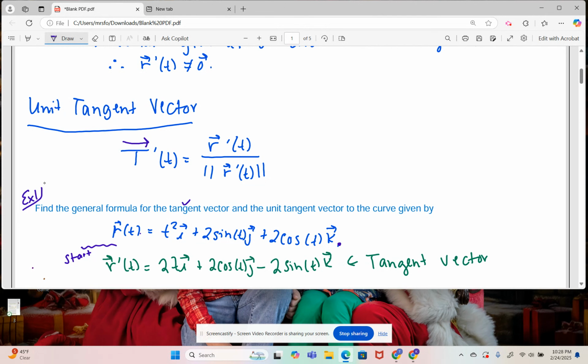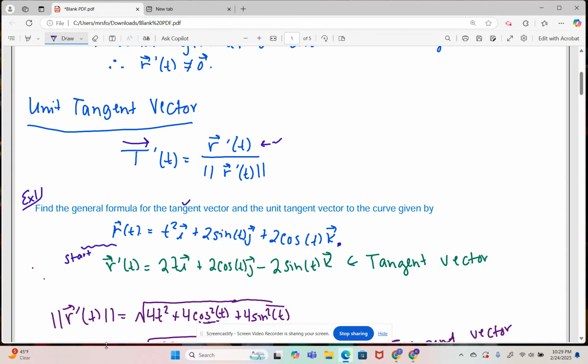Now we want to find the unit tangent vector. We need the tangent vector, then the magnitude or the length of the tangent vector. If you remember, we're going to take the square root and square each component.